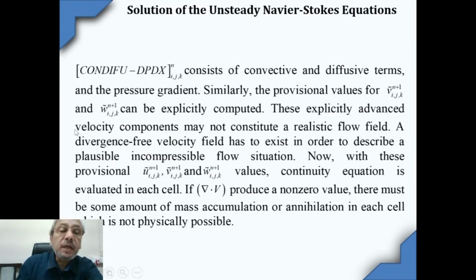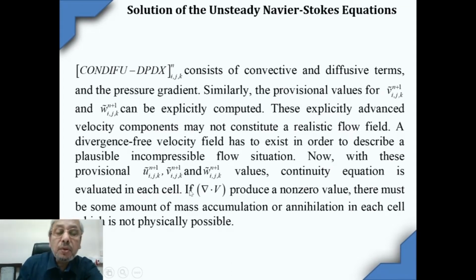These explicitly advanced velocity components may not constitute a realistic flow field. A divergence-free velocity field has to exist in order to describe a plausible incompressible flow situation. Now, with these provisional values of u, v and w, the continuity equation is evaluated in each cell.